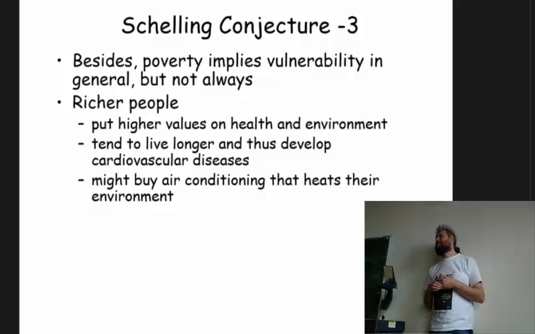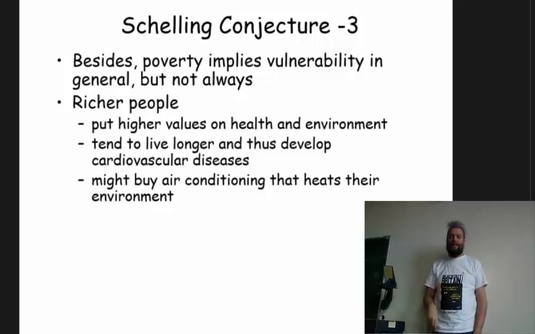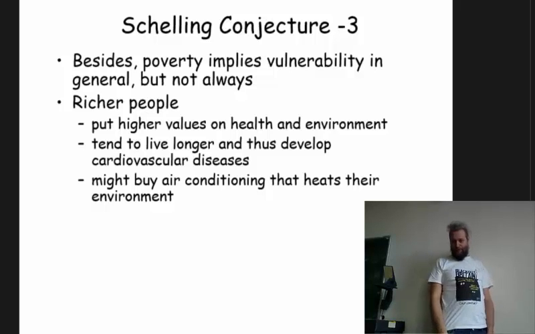Richer people also tend to live longer, which makes them more vulnerable to these debates. That's a sign of affluence. You live long enough to worry about these things. And of course, we have just more stuff, like air conditioning and that sort of stuff. That would also make us more vulnerable, and it will also add directly and indirectly to the warmth on the planet.